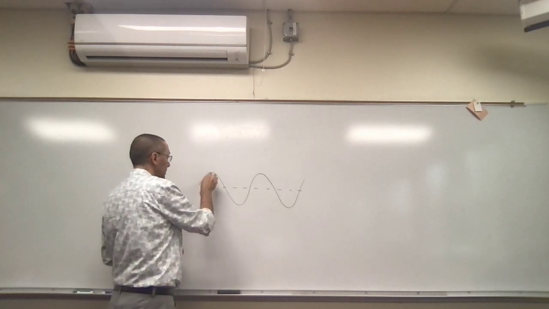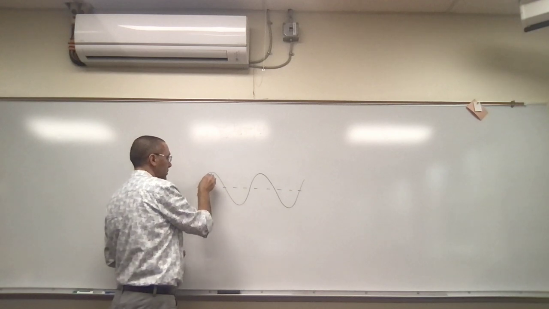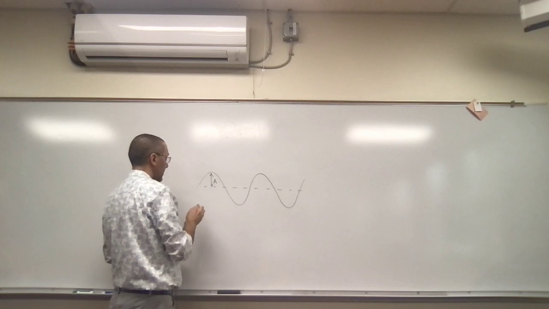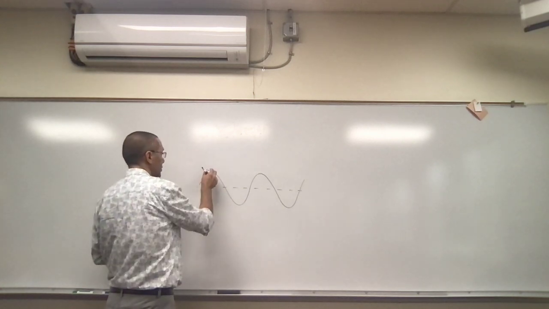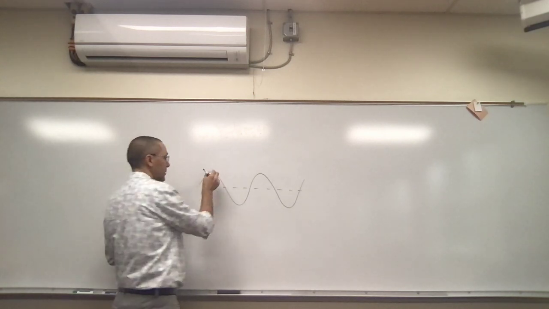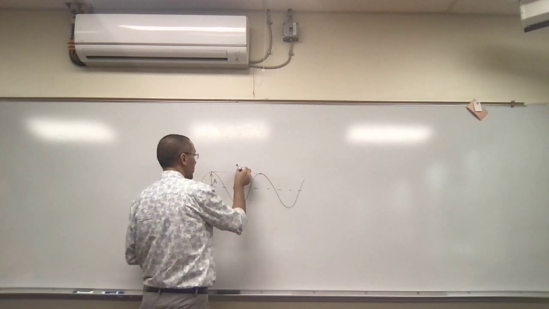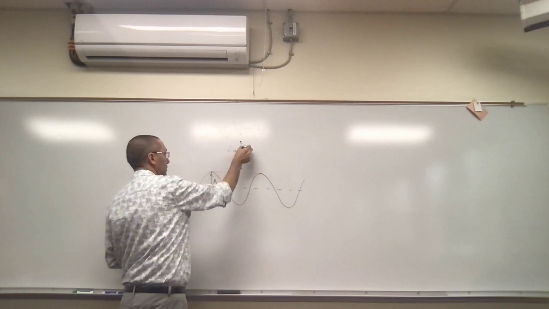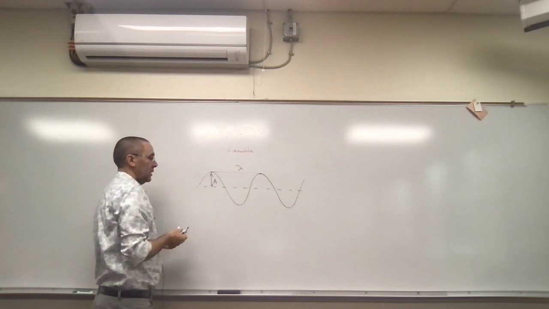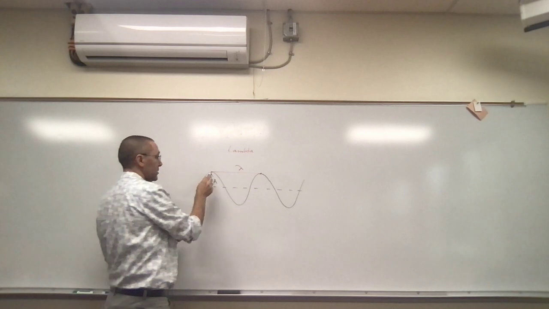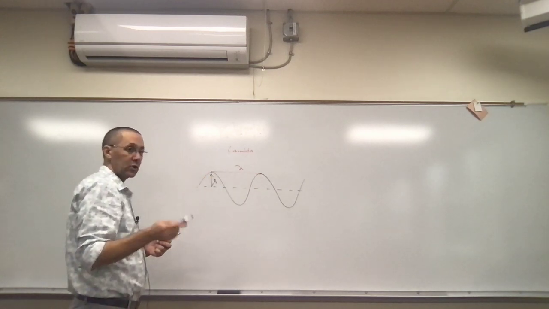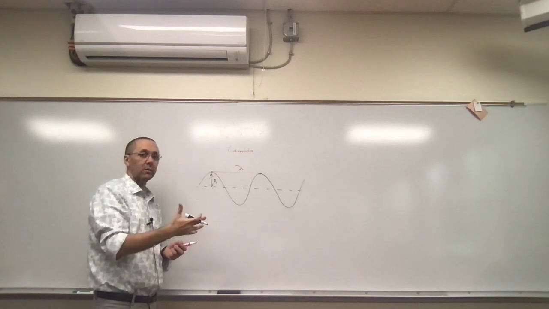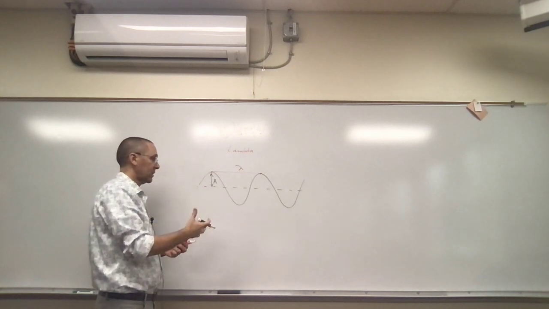This here is what we call the amplitude, I'm going to call it uppercase A. The distance between two identical points, from here to here, is what we call the wavelength, lambda. The time it takes to go from here to here is called the period. The period, in other words, is the time it takes to do a cycle or to cover a wavelength.